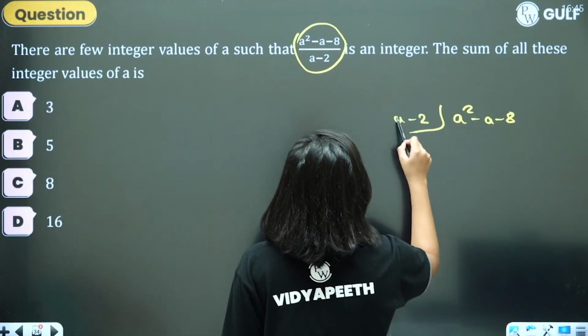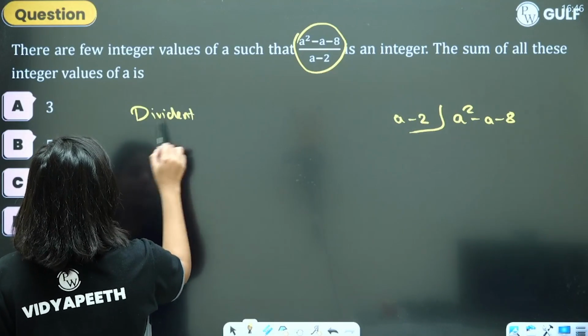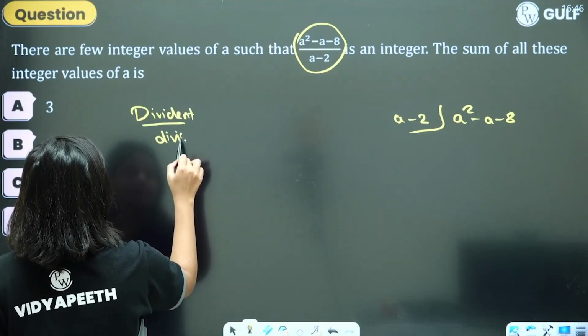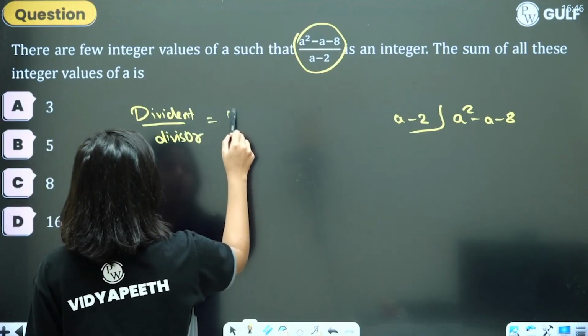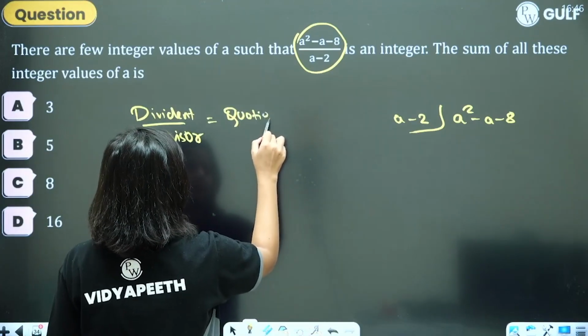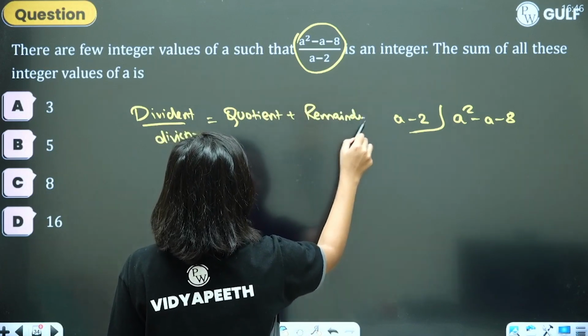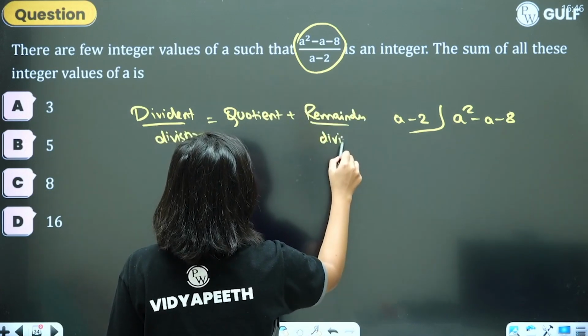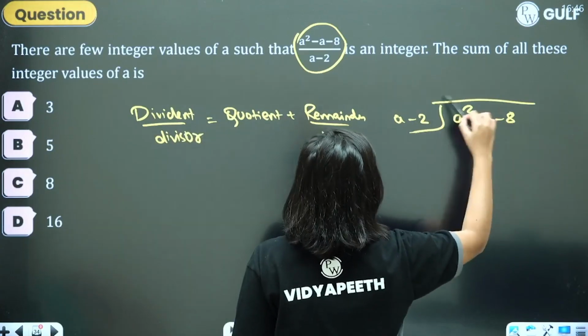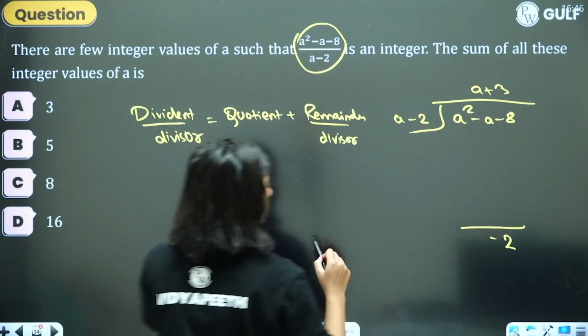Divide this. So dividend upon divisor is equal to quotient plus remainder upon divisor. When you do the division, actually you will get, I think, a plus 3 as the quotient and minus 2 as the remainder.